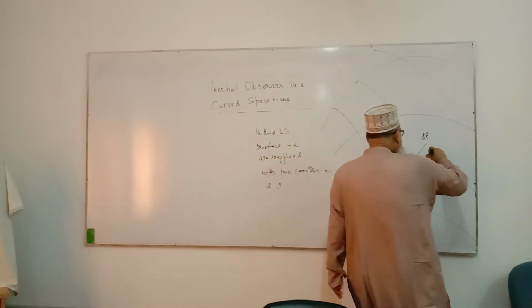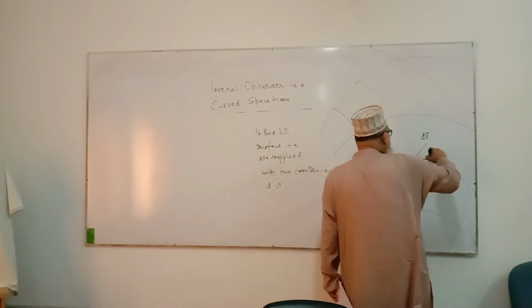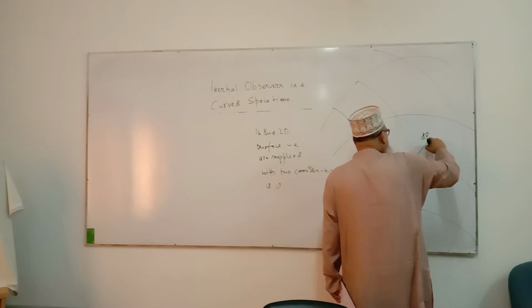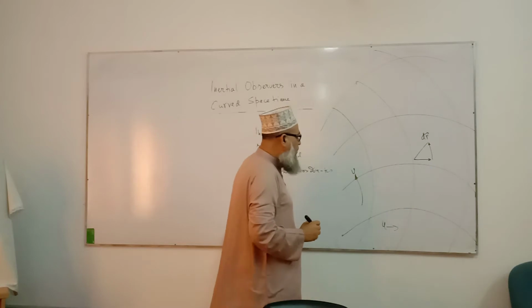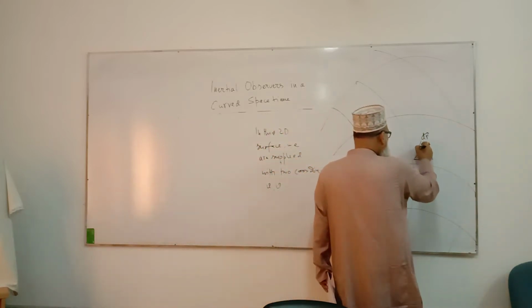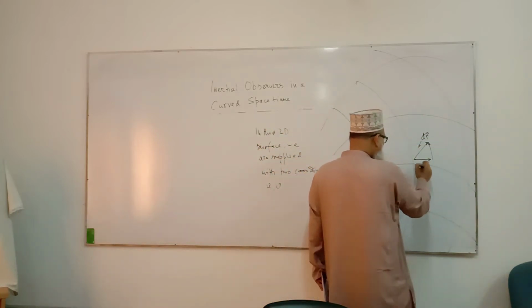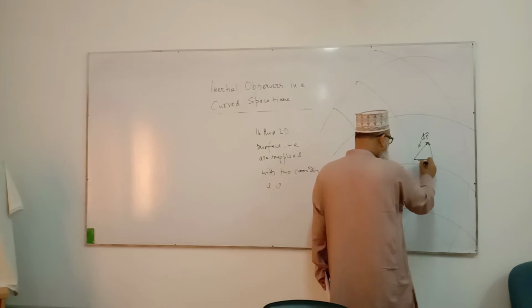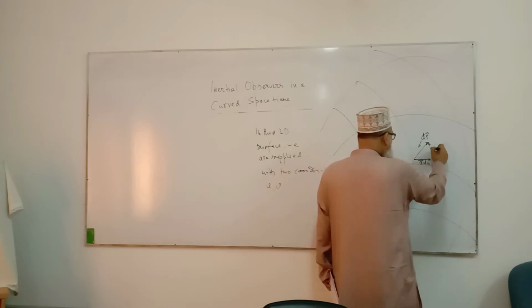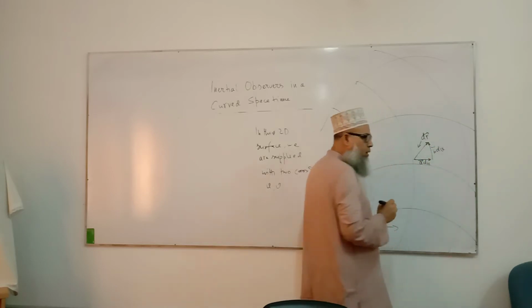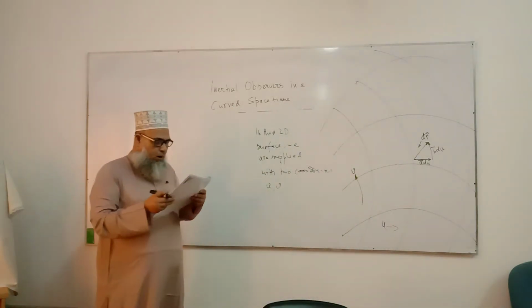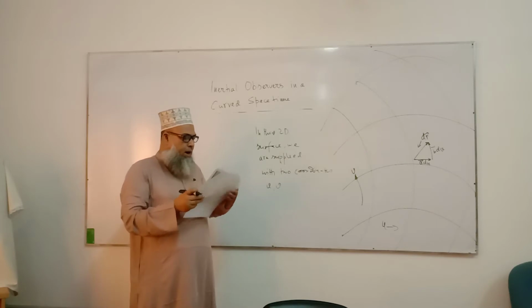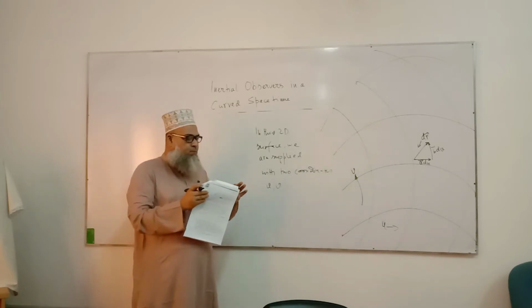And then parallel to this, we call this dr. We call these a vector du and b vector dv. The small changes are a du plus b dv.